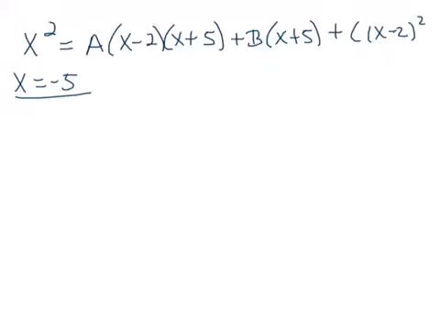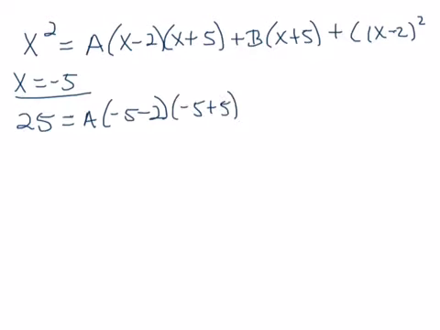Okay, when we plug in x equals negative 5 into that gigantic equation, we're going to get negative 5 squared is 25 equals A times the quantity negative 5 minus 2 and negative 5 plus 5, plus B times the quantity negative 5 plus 5, and plus C times the quantity negative 5 minus 2 squared.